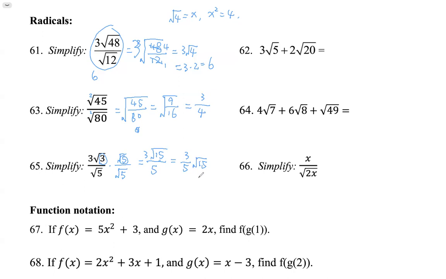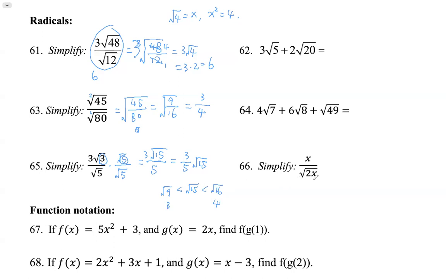Sometimes we treat irrational numbers as variables. We know this number is between 3 and 4, because 15 is less than 16 and greater than 9, so the square root of 15 is between 3 and 4.